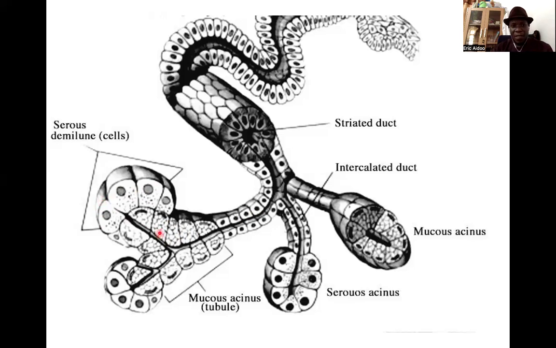So we say it's a serous capping of the mucous. And because the serous is capping the mucous, the cell can't go 360 degrees, so it appears like a half moon. So we call that a serous demilune. That's the mucous acinar portion, and then the serous secreting portion. So here it is only serous. Here it is mucous. So you still have intercalated ducts and then striated ducts.